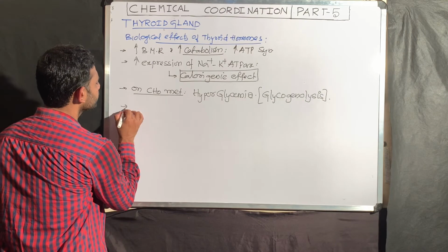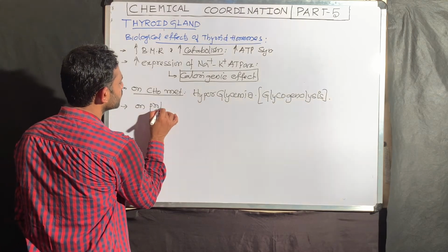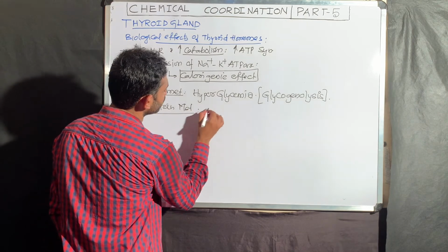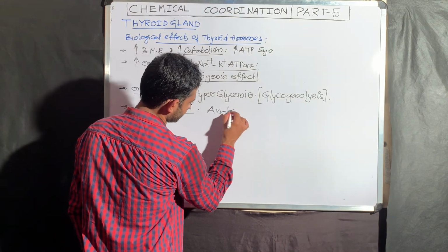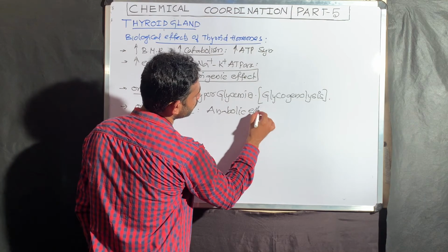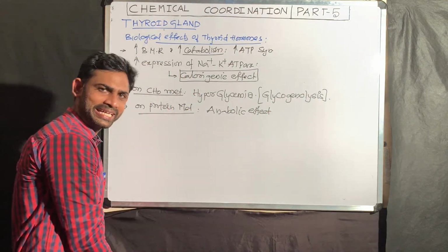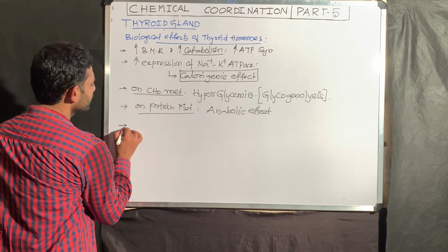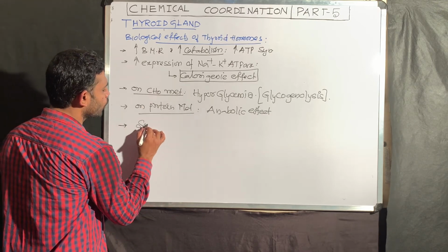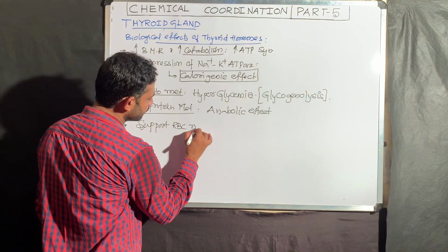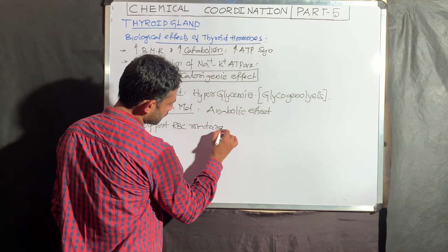The next one is protein metabolism. On protein metabolism, thyroid hormone shows an anabolic effect. What is the meaning of anabolic effect? Increased synthesis of proteins. The next one, these thyroid hormones support RBC maturation.